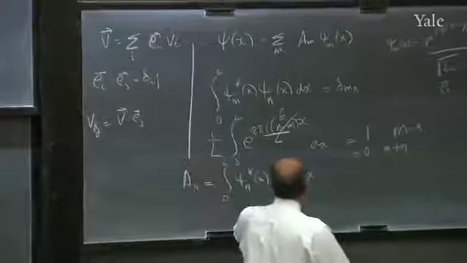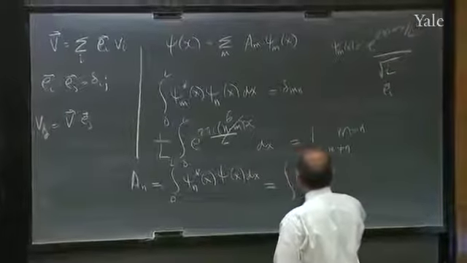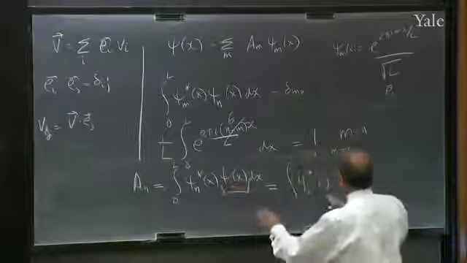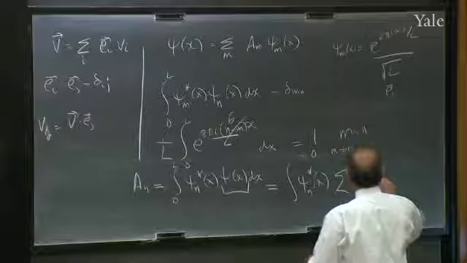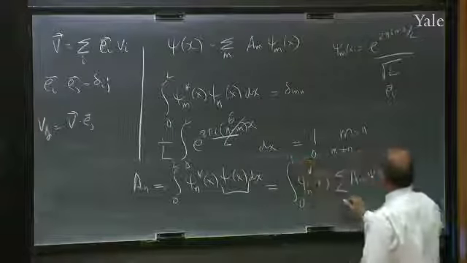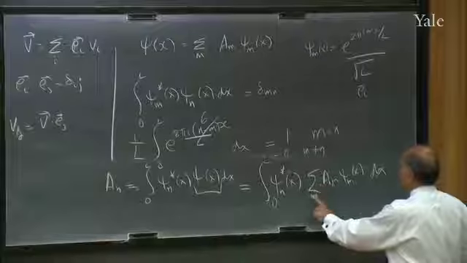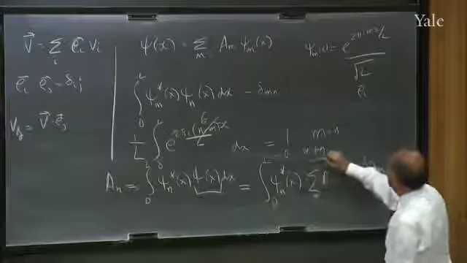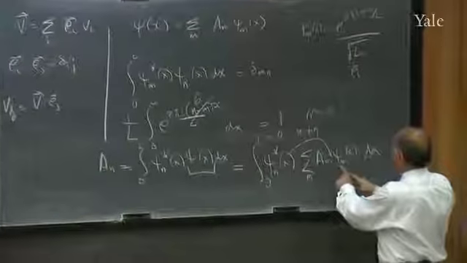So why does this work? Let's see what this does. We are trying to take psi n star of x times the given function, which looks like a sum of am psi m of x, integrated dx from 0 to L, summed over m. You can bring the psi n in here if you like. Doesn't matter. Then do the integral over x.